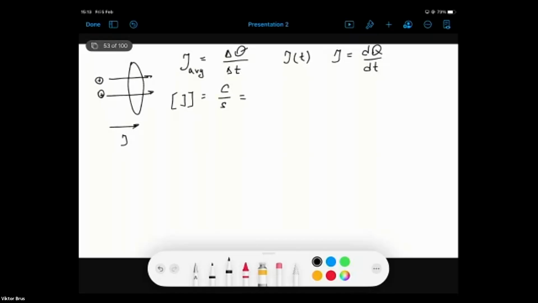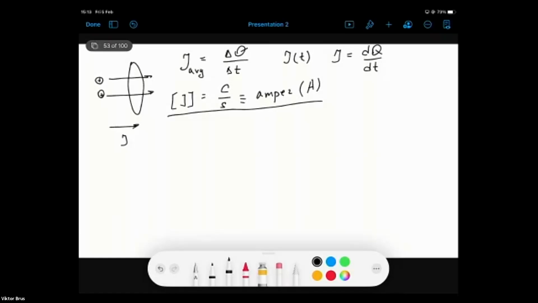And it has a specific unit, called ampere, marked as capital A. So these are the units we use to describe, quantify electric current.